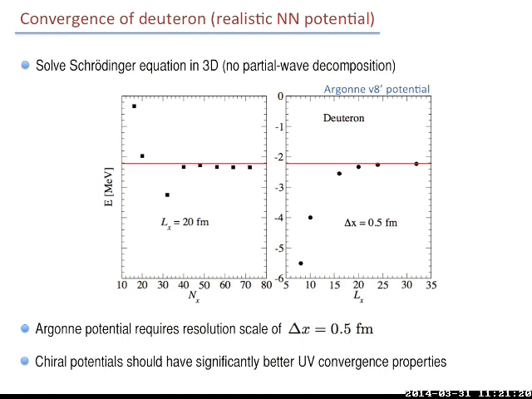So both as you increase the resolution in coordinate space, and then also the box size. The Argonne potential actually requires a pretty fine resolution scale in coordinate space. So here, if you fix the box size to a 20 Fermi box, then as you increase the number of lattice points, you're fairly well converged at a lattice spacing of about 0.5 Fermi.